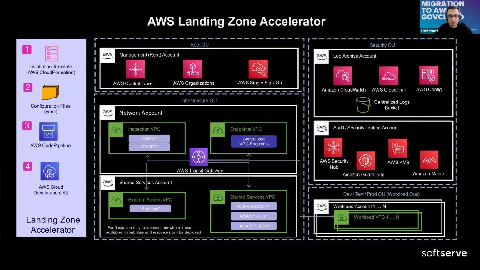This architecture includes core elements: centralized logging, shared services, security tooling, and organizations for isolation. Use separate accounts for dev, test, and prod environments. Ensure VPCs, IAM roles, and audit tooling are scoped correctly.